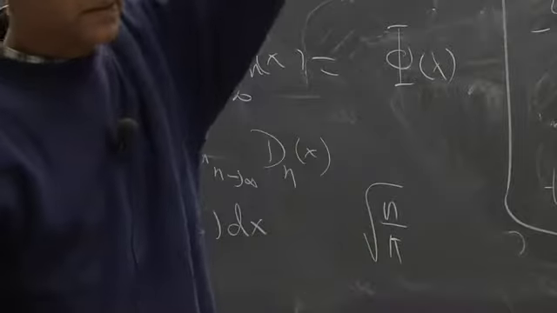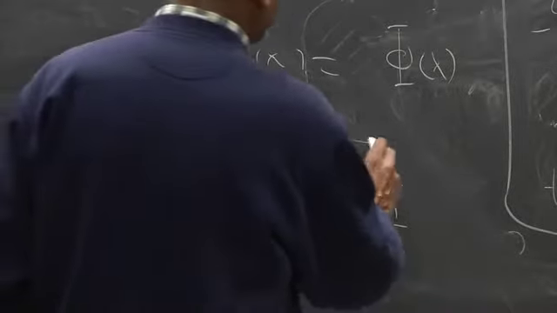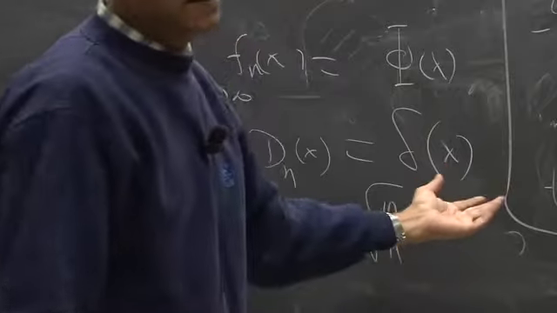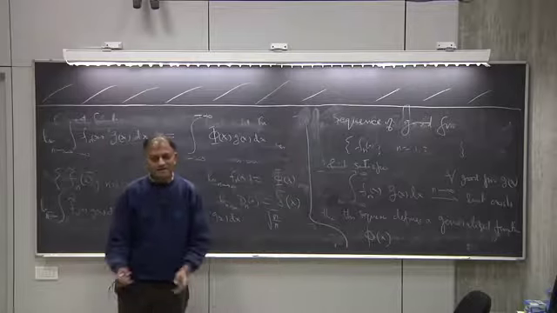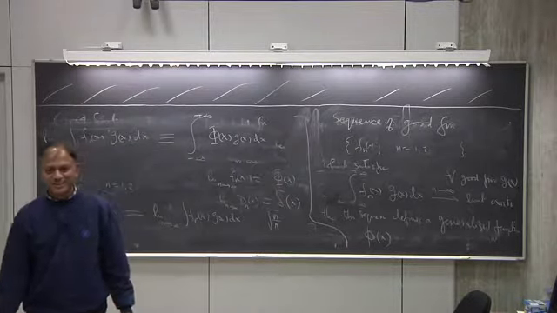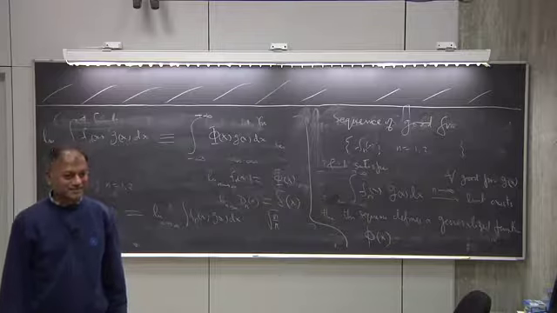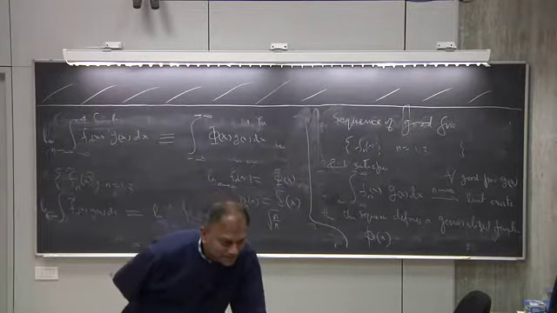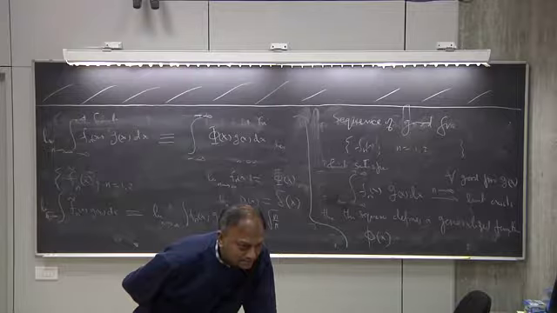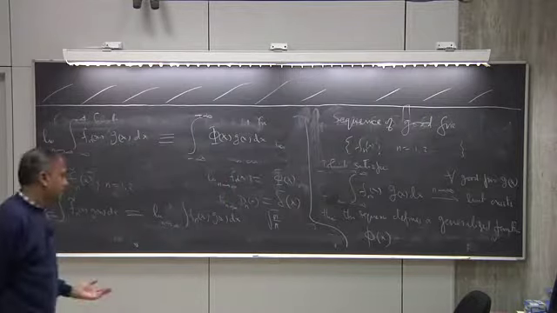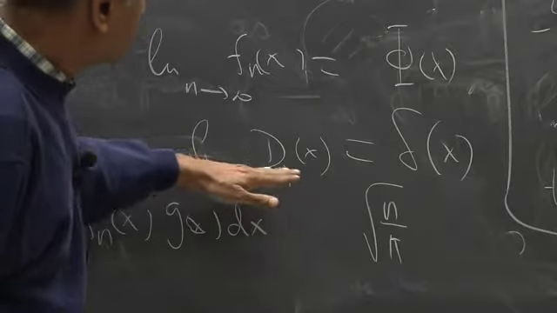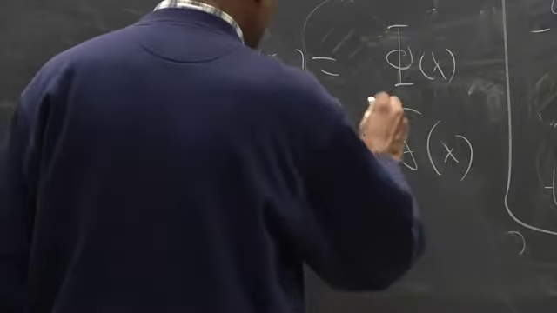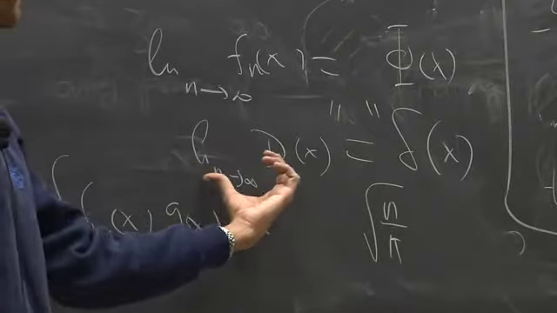It just blows up. So in that sense, we physicists would just say, yeah, this limit is the delta function, right? But mathematicians wouldn't like that very much. That's the point here. Let's put it in quote unquote, we can think like this.